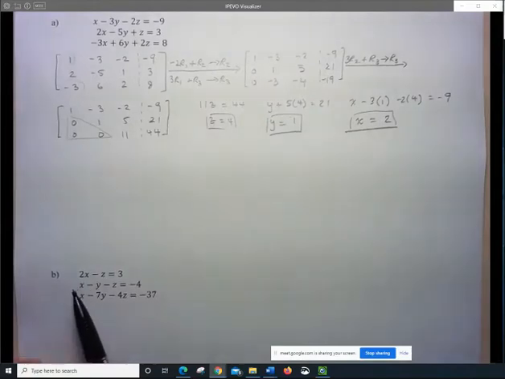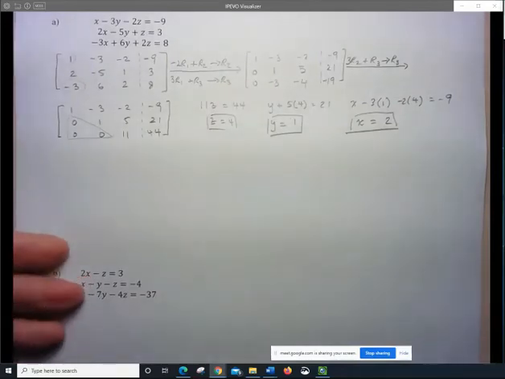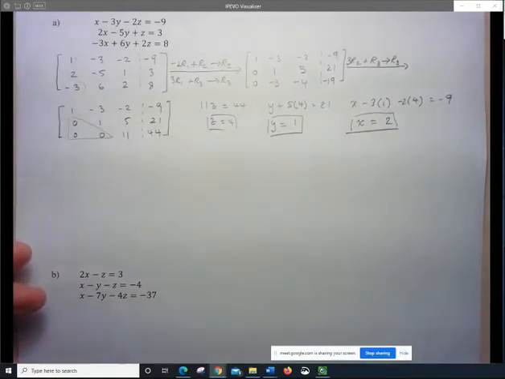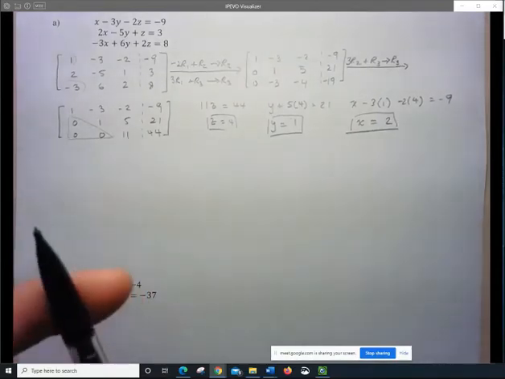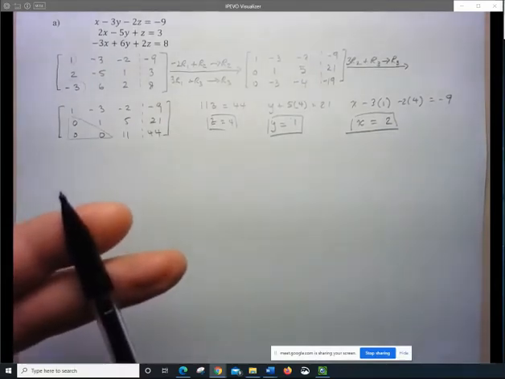But this is where we come to the third elementary row operation. Does it make any difference if I write these in a different order? Does it change the solution to the system of equations? No. Exactly. And that's the third elementary row operation. So we've got multiplying a row by a constant, adding and subtracting 2 rows and replacing one of the rows.